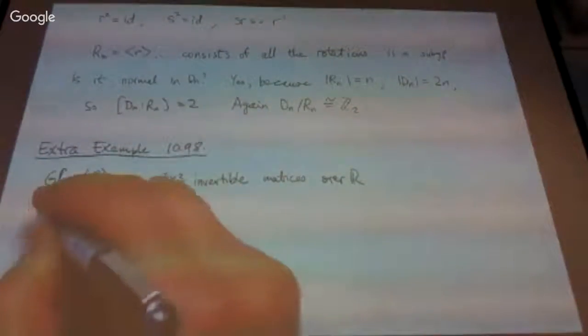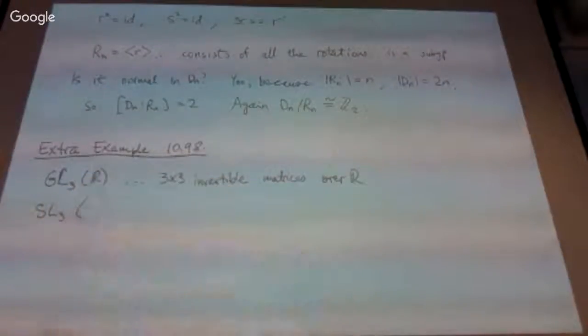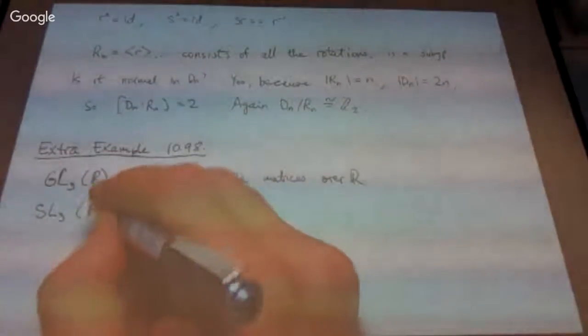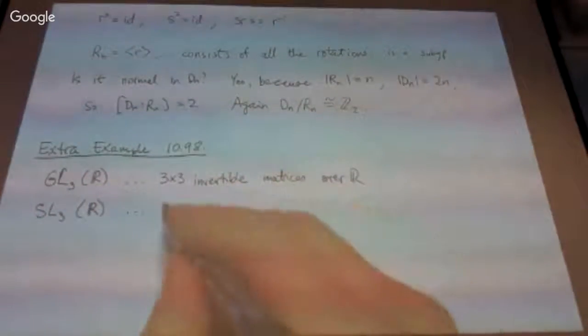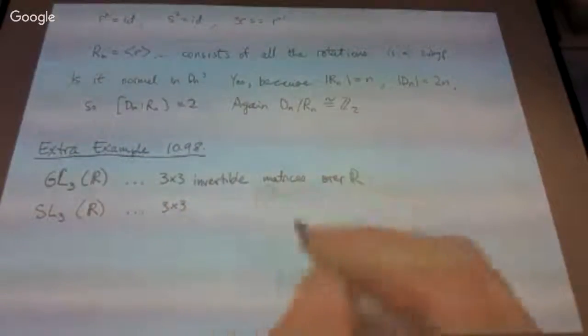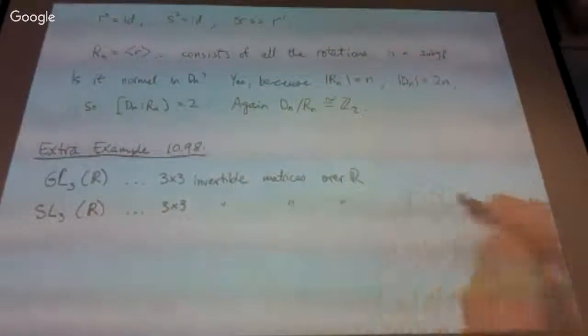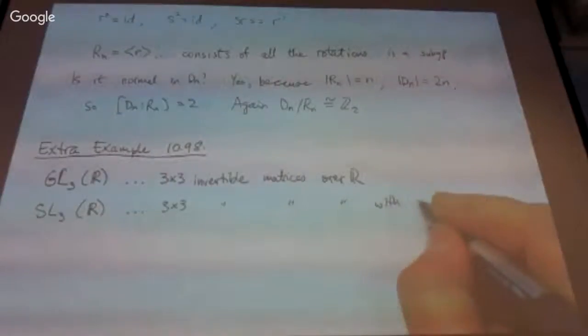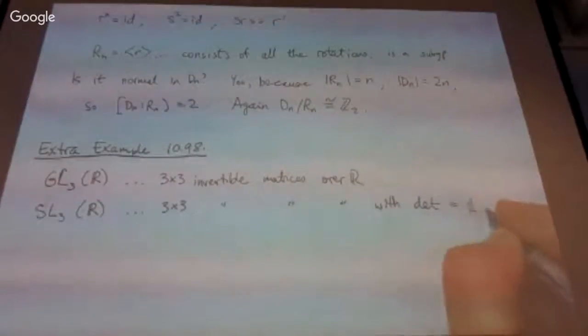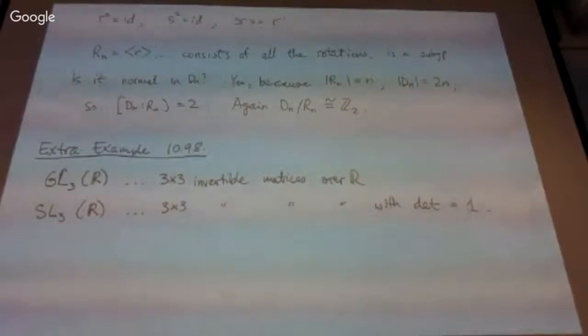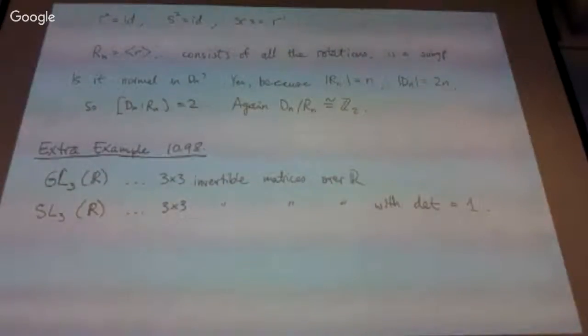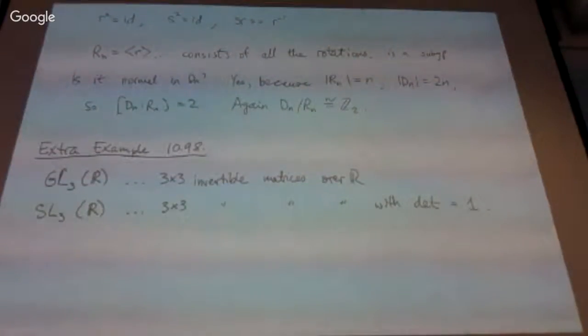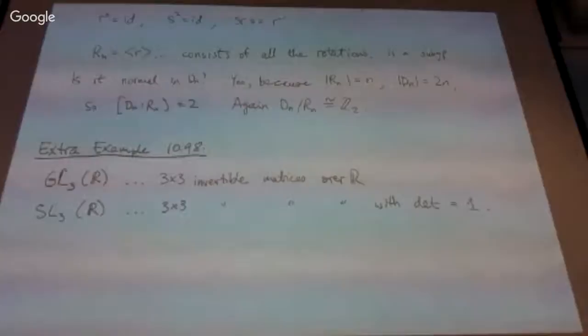And then there is SL3R, the special linear group. These are the 3x3 invertible matrices over R with determinant equal to 1. So that's a subgroup.